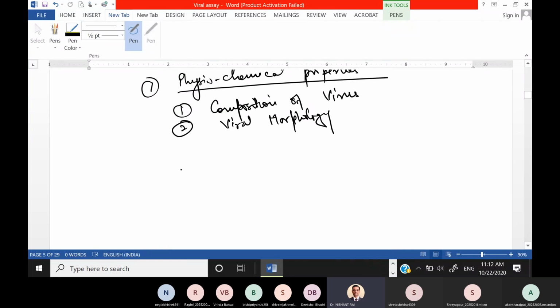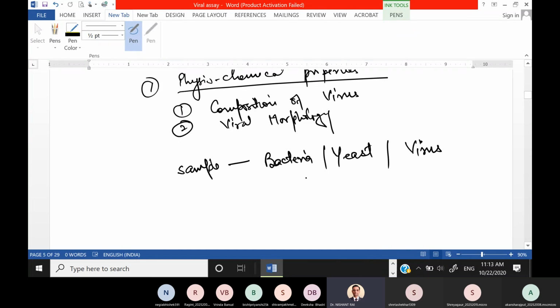Say for example I have given you a sample containing bacteria, yeast, and virus. It may be a mixed sample, it may be a separate sample, but you don't know in which sample the bacteria is present, or in which sample yeast is present, or in which sample virus is present.